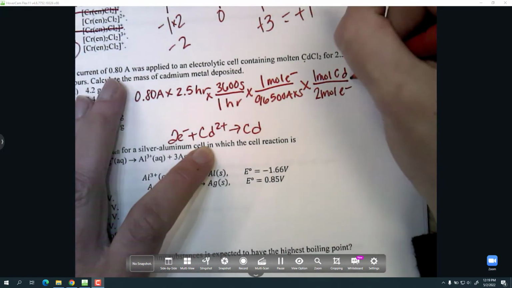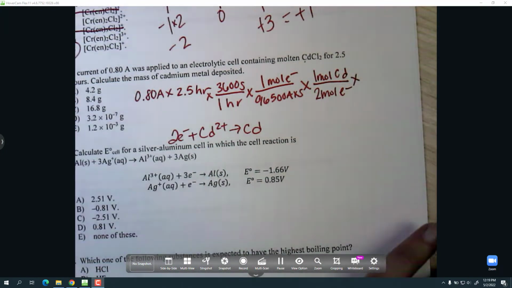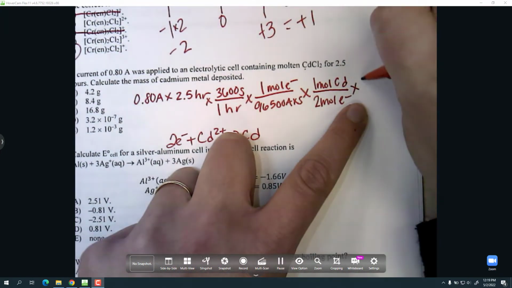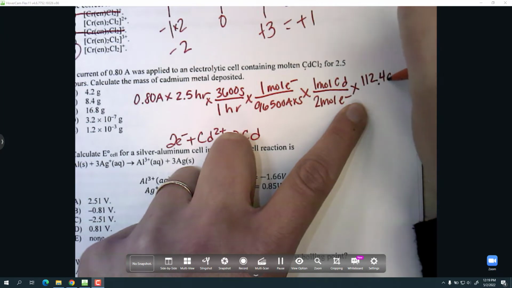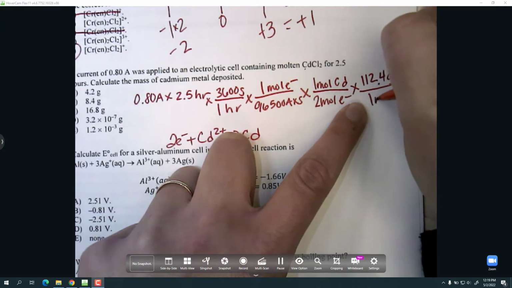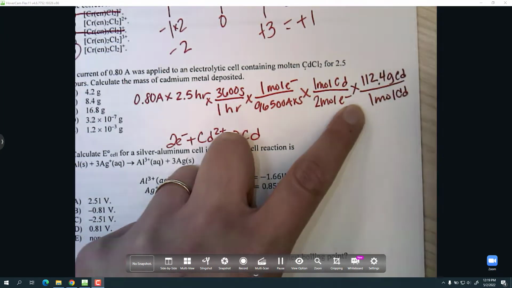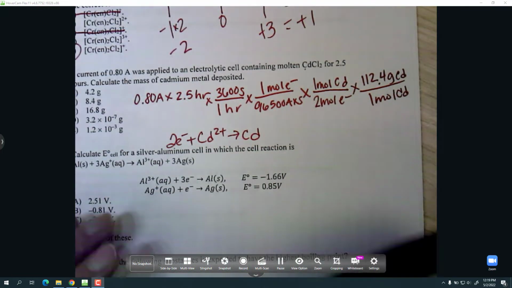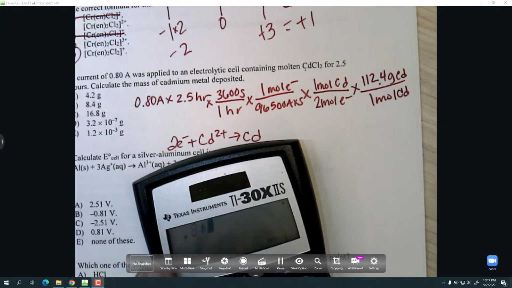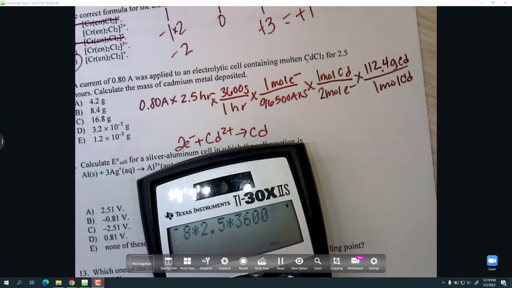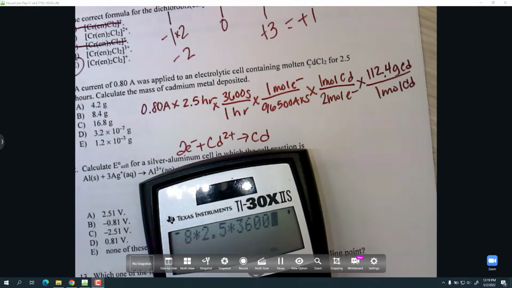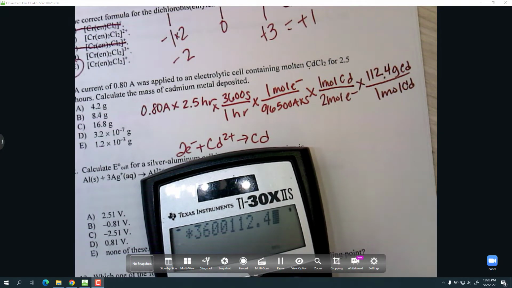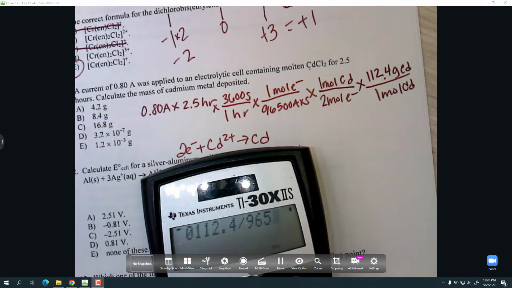And then I need the molar mass of cadmium, 112.4 grams, to get to grams. You could break this into steps, but that's all in one go. And I just need to put it in my calculator. 0.8 times 2.5 times 3,600 times 112.4 divided by 96,500 and divided by 2.